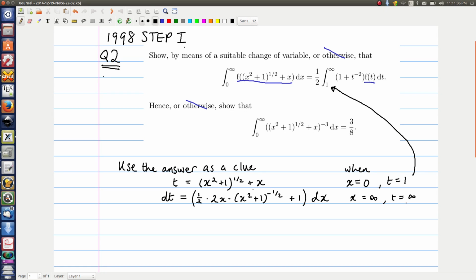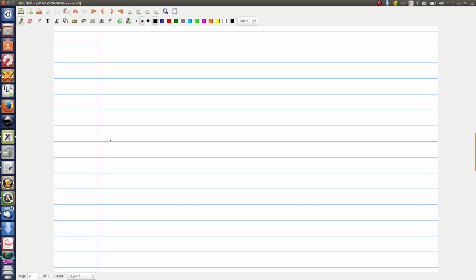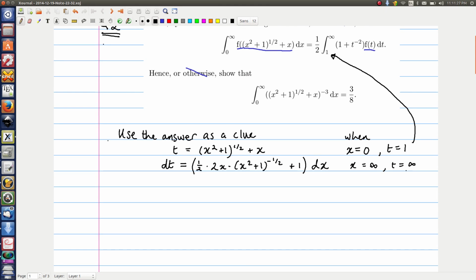Now then, what we're going to have to do is try to use that relationship between x and t to build the new version of the integral going from left to right so that it looks correct as it is in the question. Just going to make a new page here. Now, the substitution we've made so far will give us something like this.